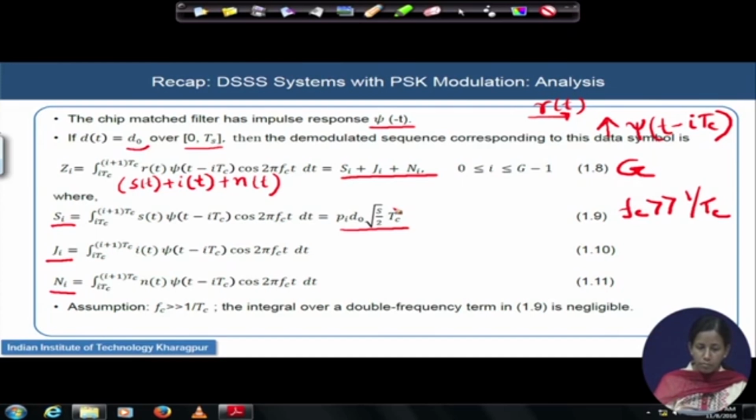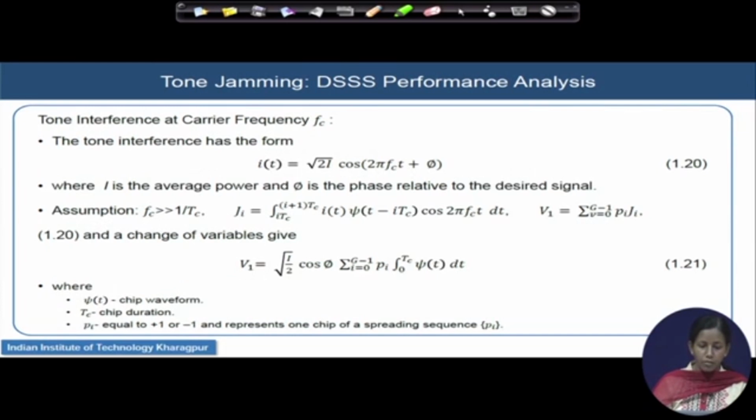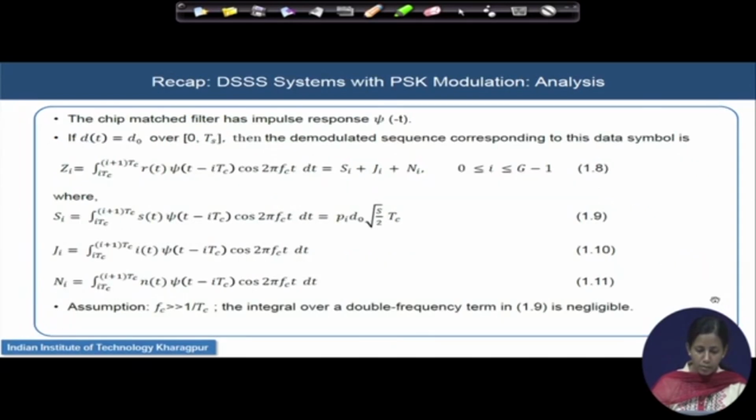And with this understanding, in the next slide we will see what will happen if this tone interference IT exactly coincides with the transmission frequency of our interest, which is equal to fc. So, we are trying to see the effect of IT on Ji, and how to compute the power of this section if IT exactly coincides with fc.